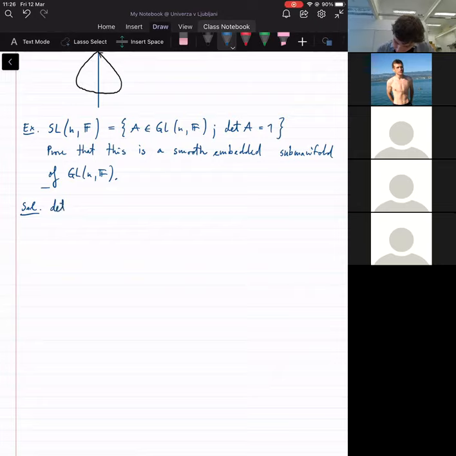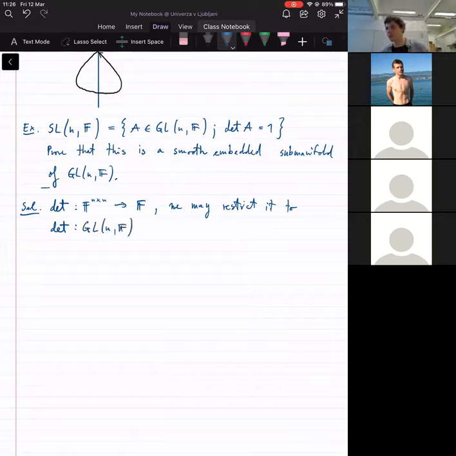Of course, we have the determinant map, which goes not only from GL, it goes from F^(n times n), and maps to F. This is the determinant map, but we may restrict it to the map from GL_n(F) to F without 0, which is F star. I'm not going to write any indexes or restriction signs here, I'll use the same notation for this map as well.